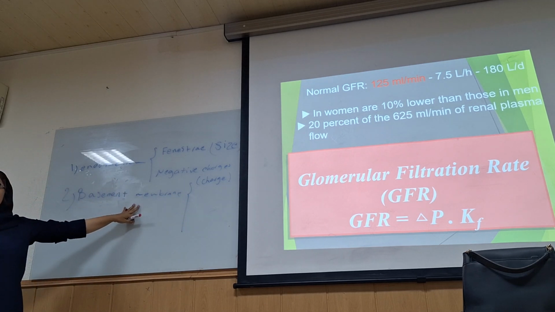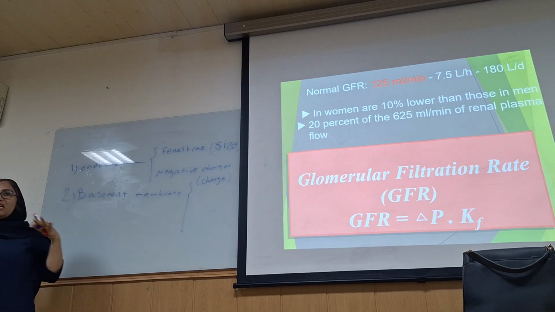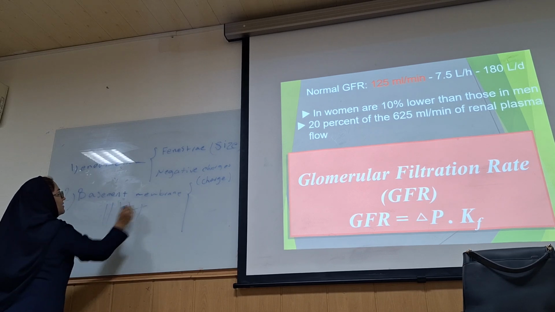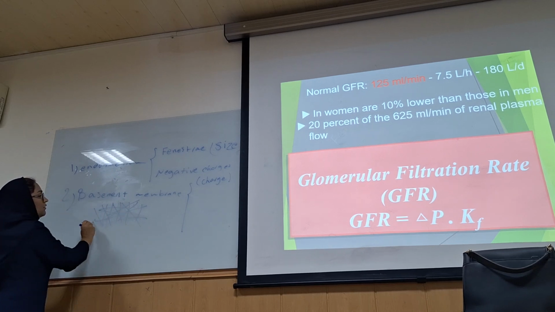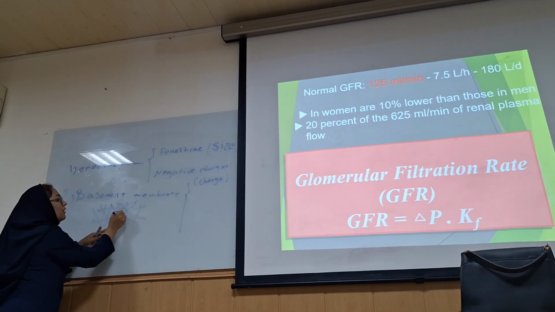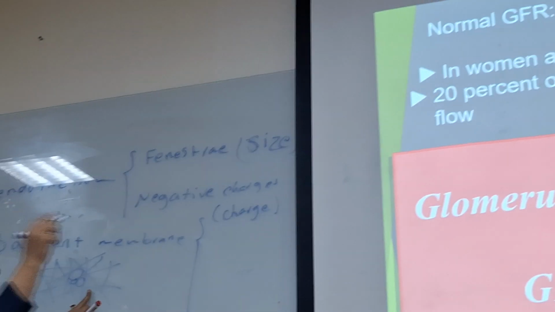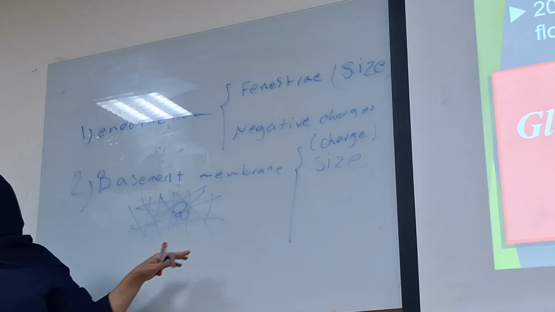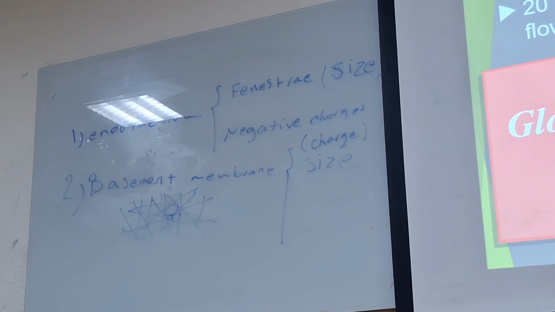In the basement membrane, what do we have? We have a meshwork of proteoglycans plus collagen fibers in different directions. It separates substances by size, and proteoglycans have negative charges.